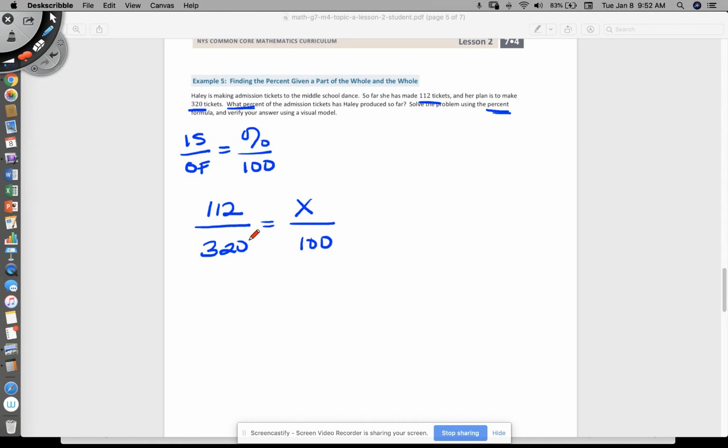I like to do the x first. So 320 times x gives me 320x. And 112 times 100 gives me 11,200. And again, I want to divide out that 320 to get the x by itself. So those cancel. All right. Now, this is where you probably want your calculator.